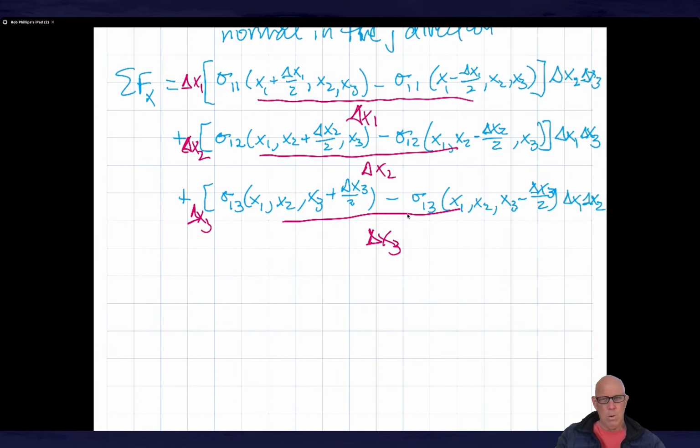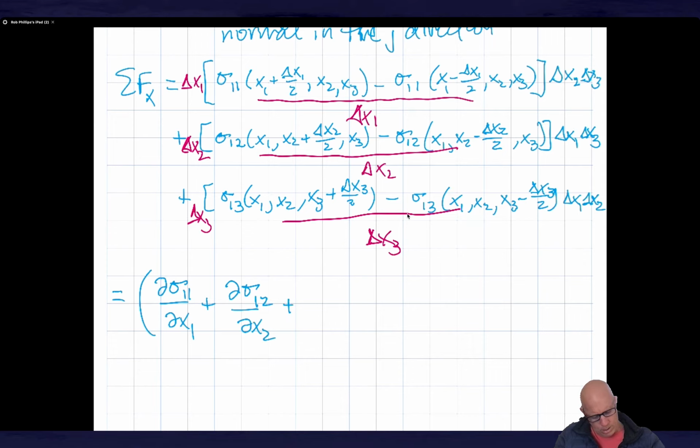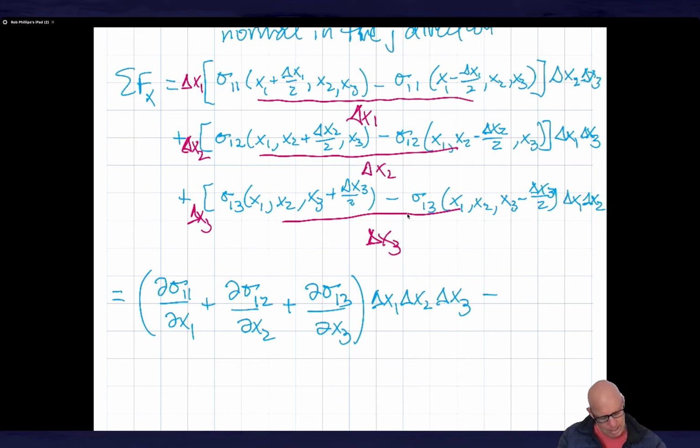And so when all the dust settles, this is equal to d sigma 1,1 dx1 plus d sigma 1,2 dx2 plus d sigma 1,3 dx3, times delta x1, delta x2, delta x3.